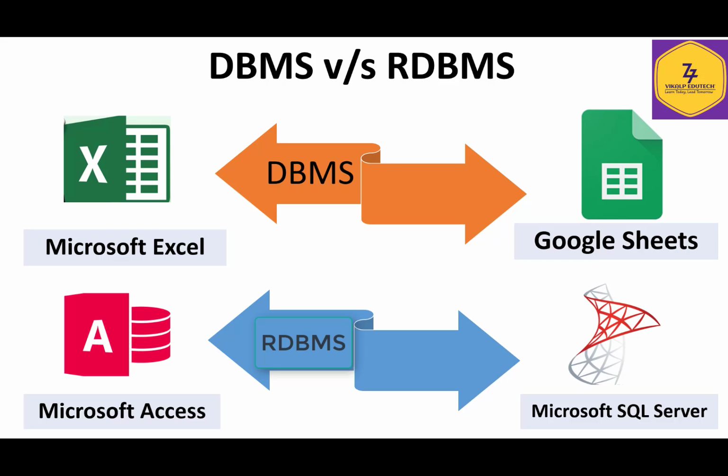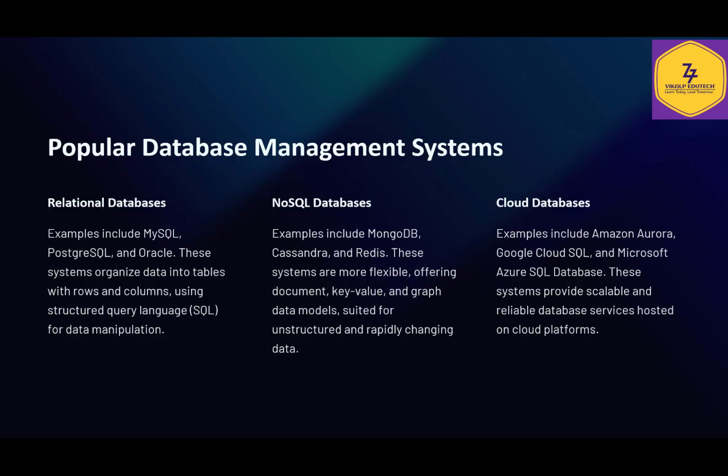These apps are based on the relational model, known as Relational Database Management System. Some of the popular examples of relational databases are MySQL, PostgreSQL, and Oracle. These systems organize data into tables with rows and columns, using structured query language for data manipulation.